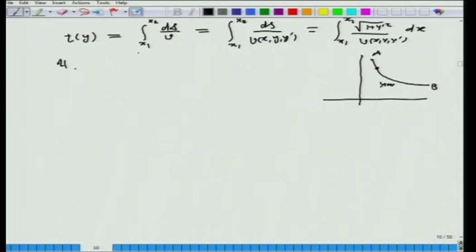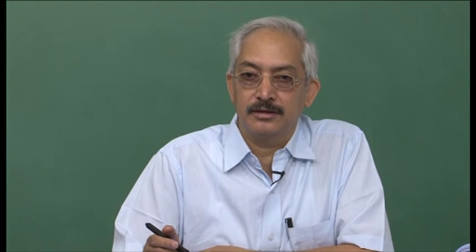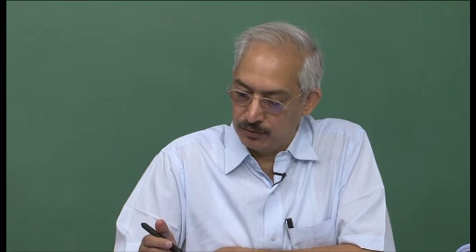So, if v of x, y, y prime is a function of y prime only, like in the case where it is moving in a plane where the gravitational force is not playing any role, then the velocity will be just v of y prime only.